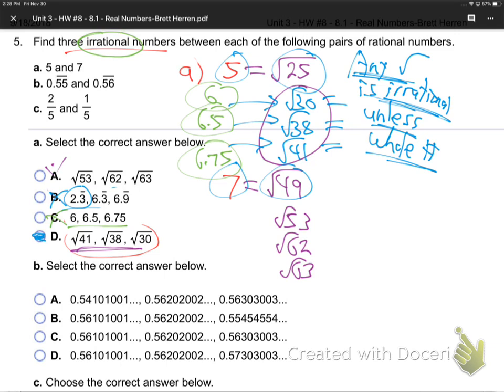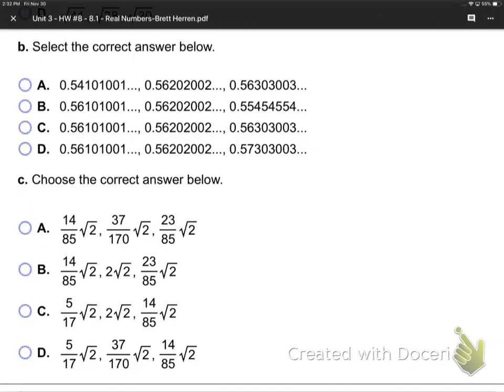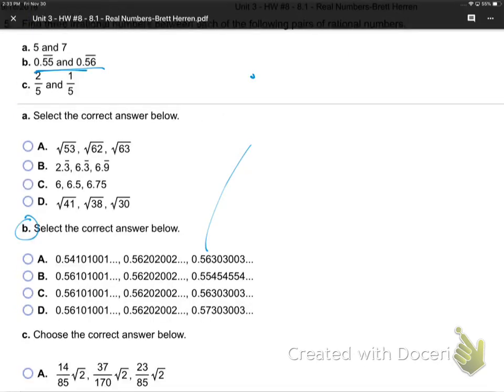Good on that? It gets a little tricky and we don't have a ton of time to spend on it, but I'll do what I can. So we're supposed to pick a number between 5. Wait, I'm confused. I thought it was between 5 and 6. So down here on B, here I'm kind of messing up. Down here on B, you're supposed to go between 0.55 bar and 0.56 bar. And you know what that does, right?